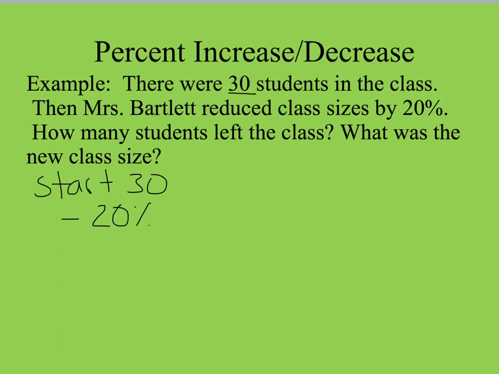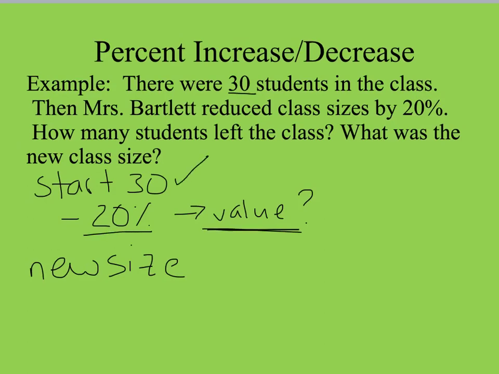How many students left? So what was the decrease? So what is this value? And then what was the new class size? So that's two things we need to figure out. We're starting at 30. We have our decrease of 20%, but how much is that actually? And then what's the new size?